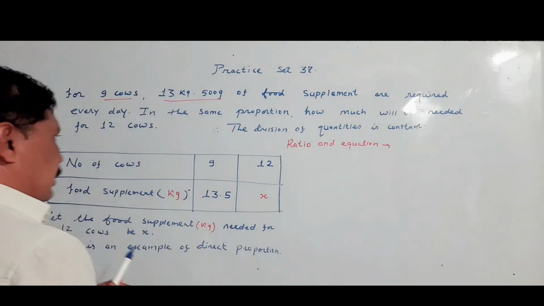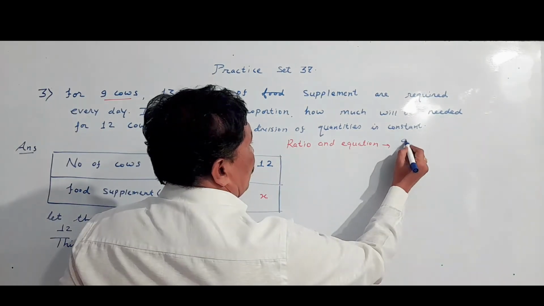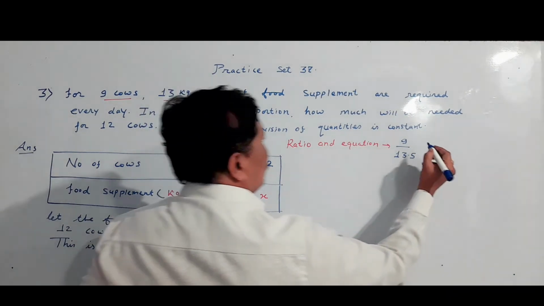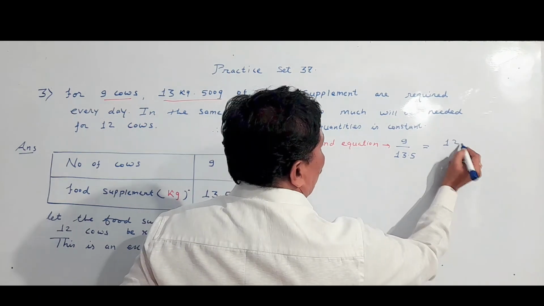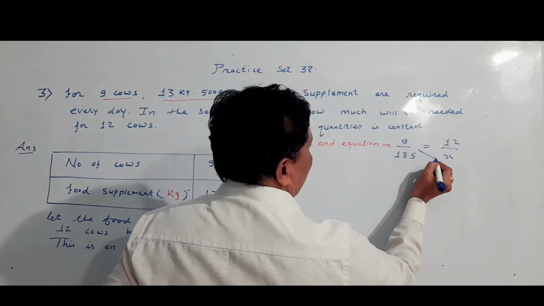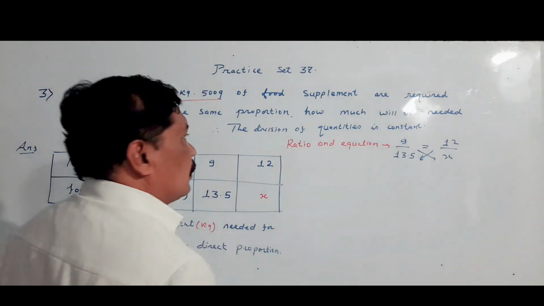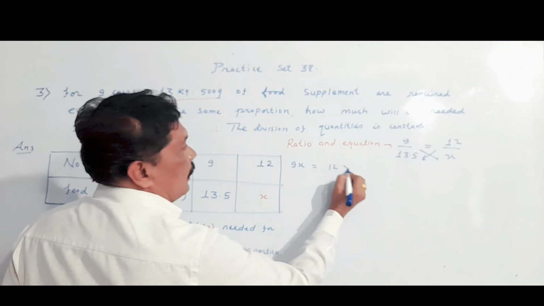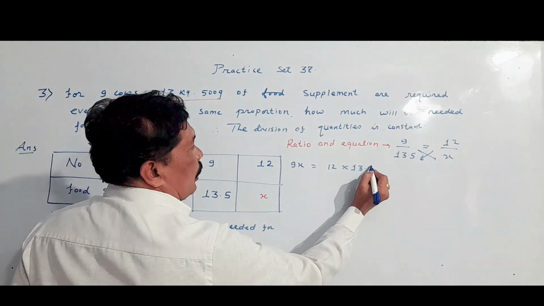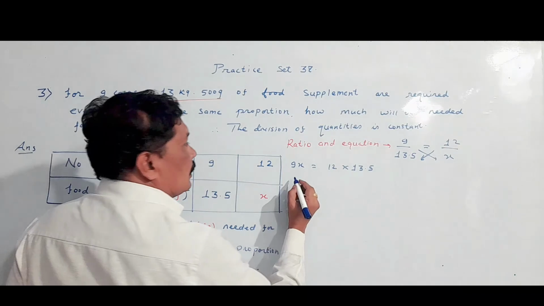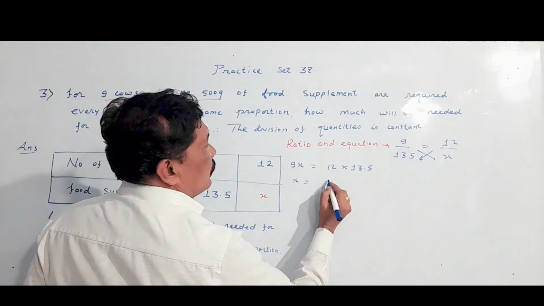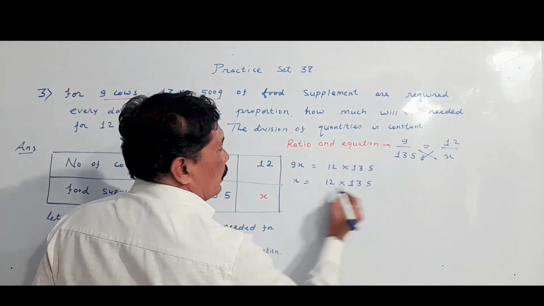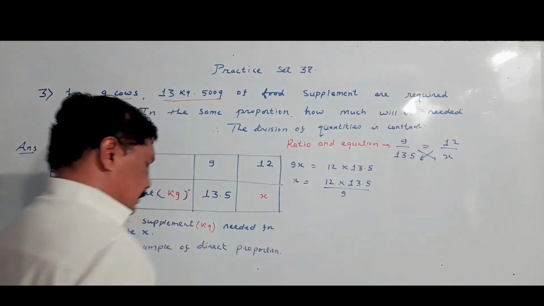The ratio and equation will be 9 upon 13.5 is equal to 12 upon x. We'll have the cross multiplication. 9x is equal to 12 into 13.5. X is equal to 12 into 13.5 divided by 9.